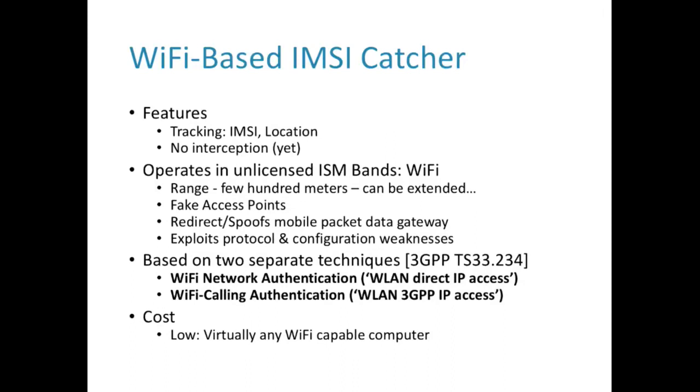If you need to know the details, this is how they refer to it in the spec. They call it WLAN direct IP access, and then Wi-Fi calling authentication is referred to as WLAN 3GPP IP access. And we've discovered issues in these two technologies.